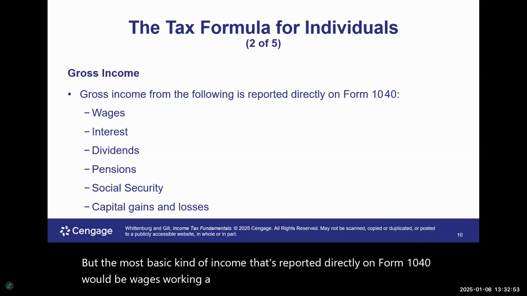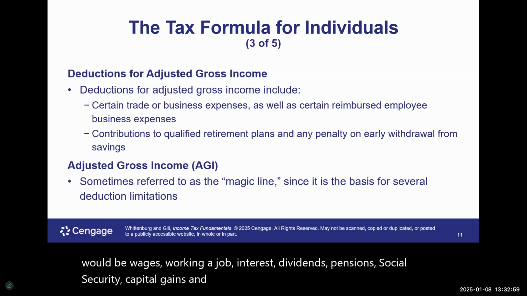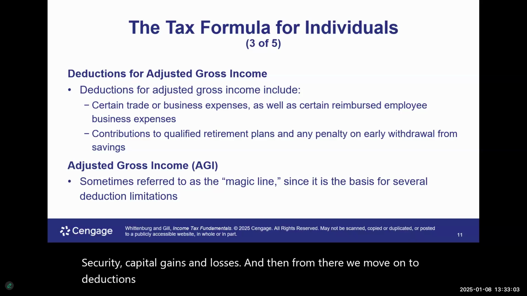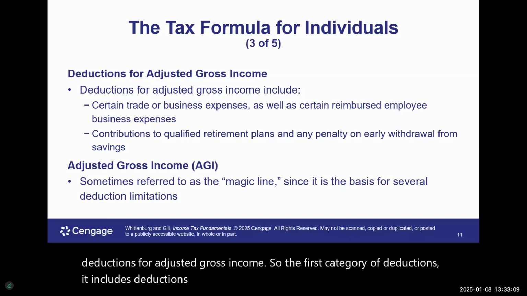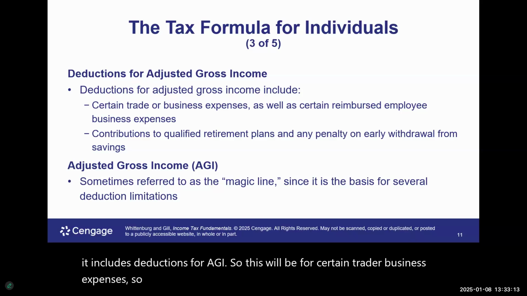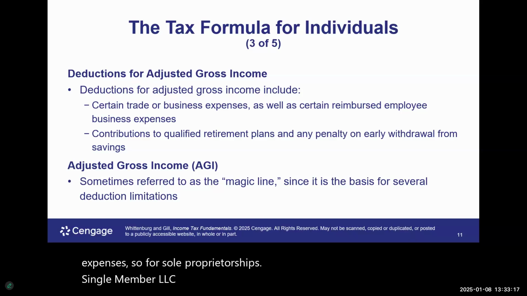The most basic kind of income that's reported directly on Form 1040 would be wages, working a job, interest, dividends, pensions, Social Security, capital gains and losses. And then from there, we move on to deductions for adjusted gross income. So the first category of deductions includes deductions for AGI. So this would be for certain trade or business expenses, so for sole proprietorships and the single member LLC, as well as certain reimbursed employee business expenses.